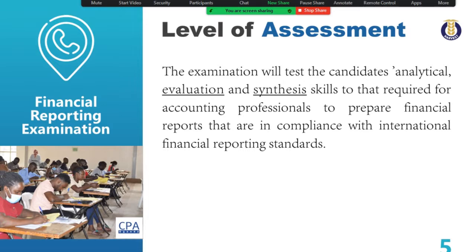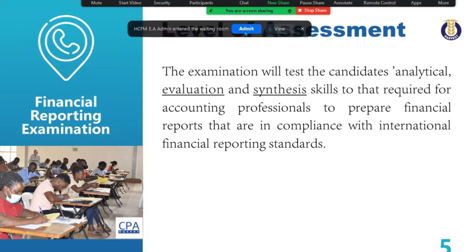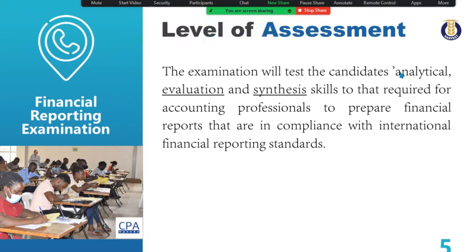Then the level of assessment. This examination will test your analytical, evaluation, and synthesis skills that you need as an accounting professional to prepare financial reports that are in compliance with international reporting standards.